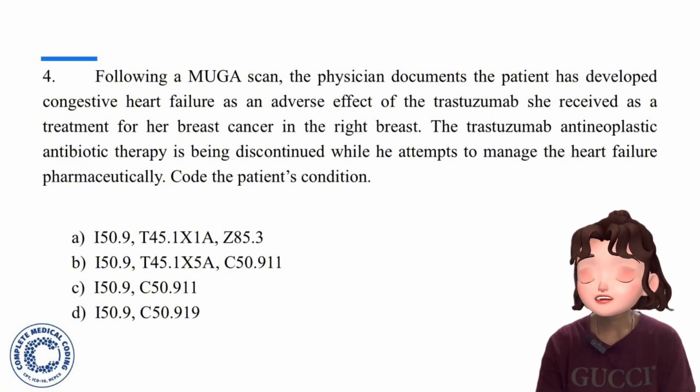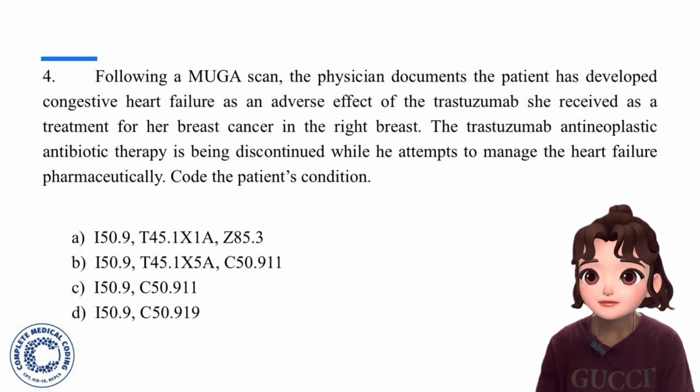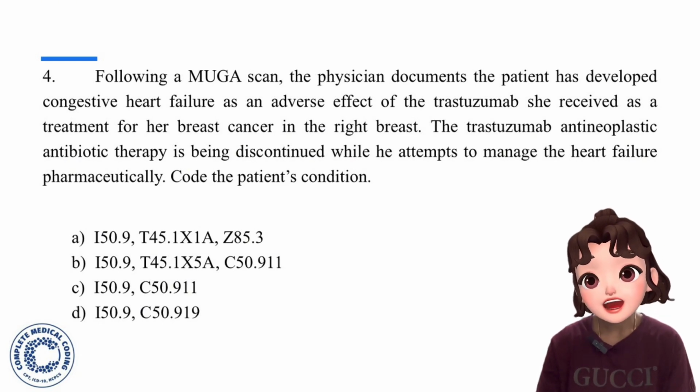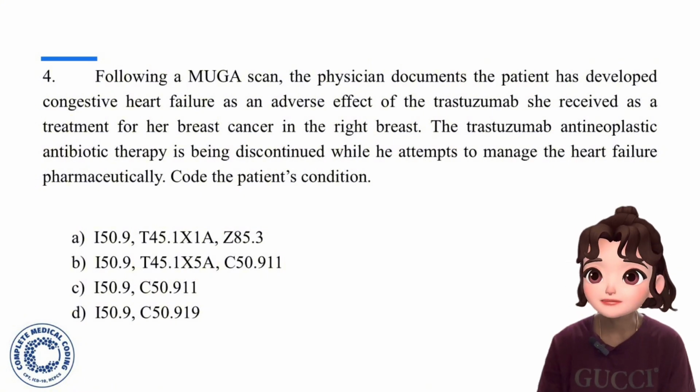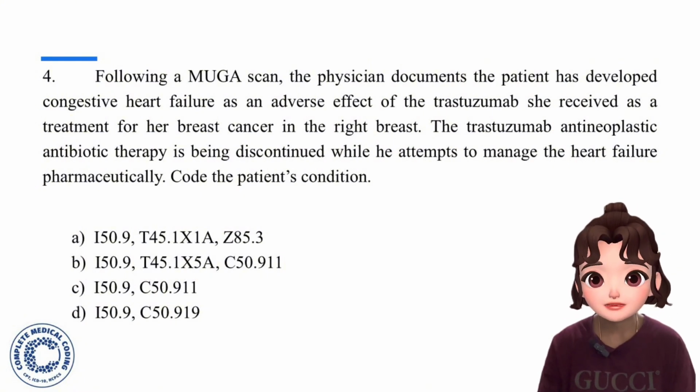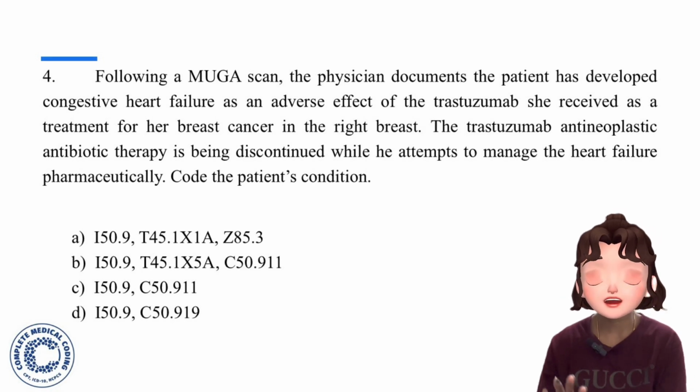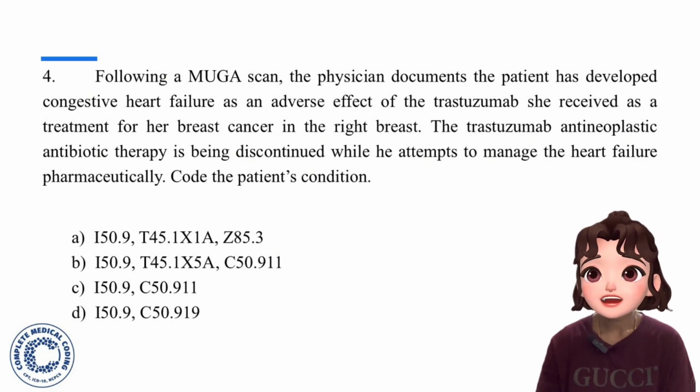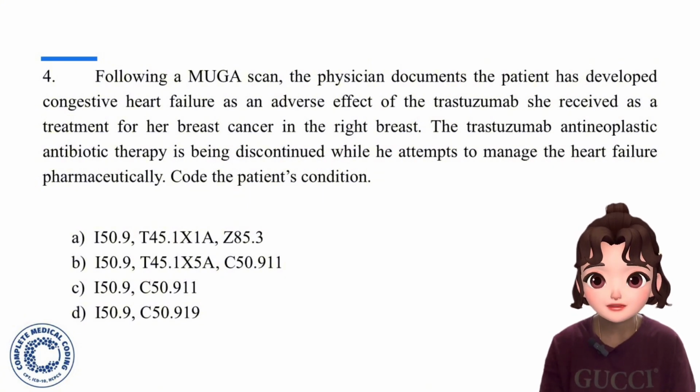So the physician documents the patient has developed congestive heart failure as an adverse effect of the trastuzumab she received as a treatment for her breast cancer in the right breast, which is a medication. Just understand that it's a medication. The trastuzumab antineoplastic antibiotic therapy is being discontinued while he attempts to manage the heart failure pharmaceutically.